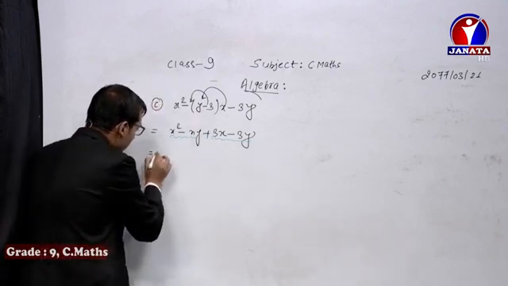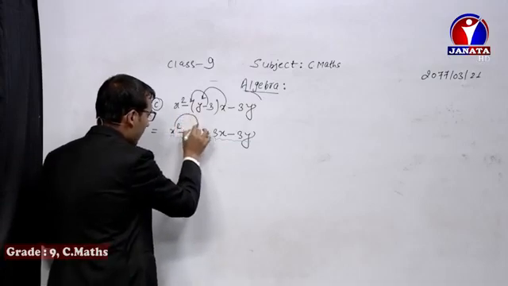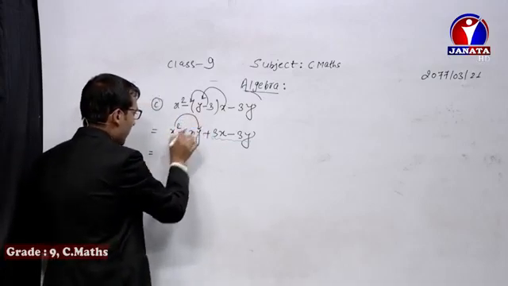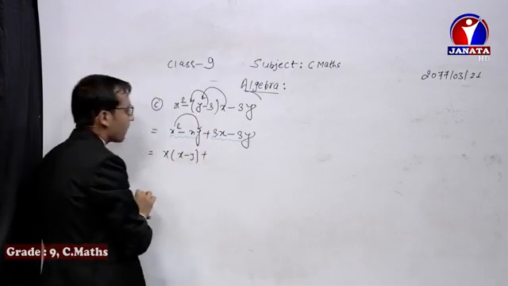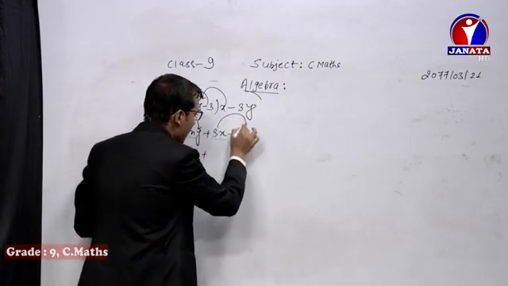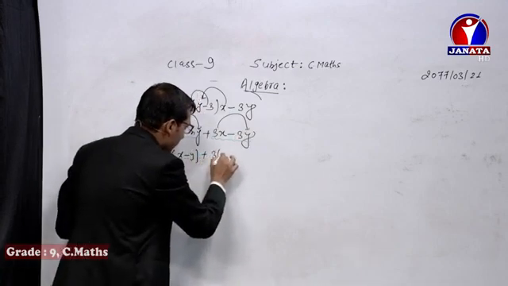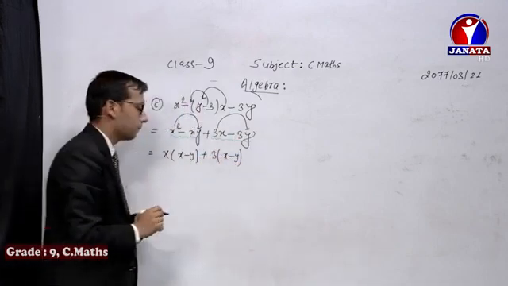What is common from x square and xy? So here x is common, x minus y, plus what is common from 3x and 3y? 3 is common, x minus y.